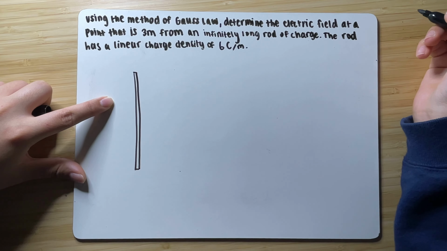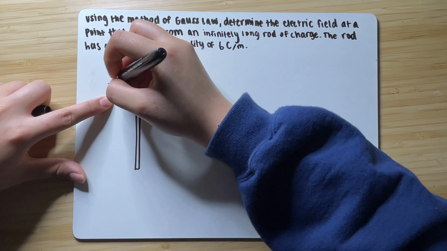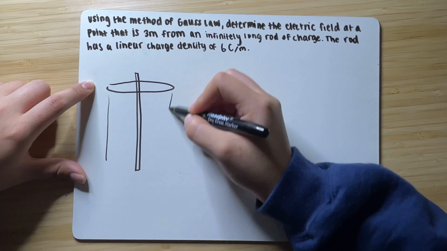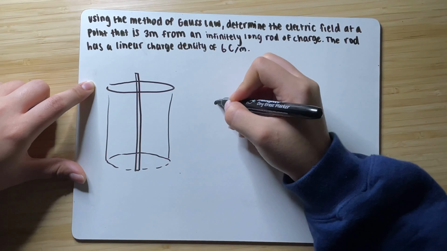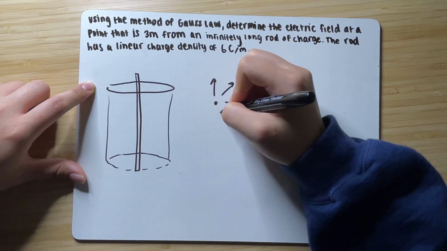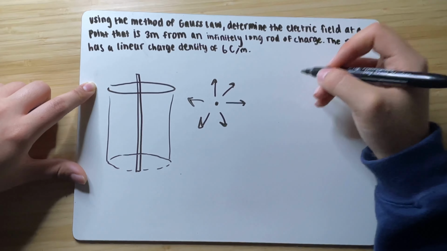Now we need to figure out what Gaussian shape will follow the electric field of this rod. And it turns out that a cylinder is a shape that follows the field of a rod very well. Why a cylinder? It's because when we have a point, you know how the electric field always goes out radially?